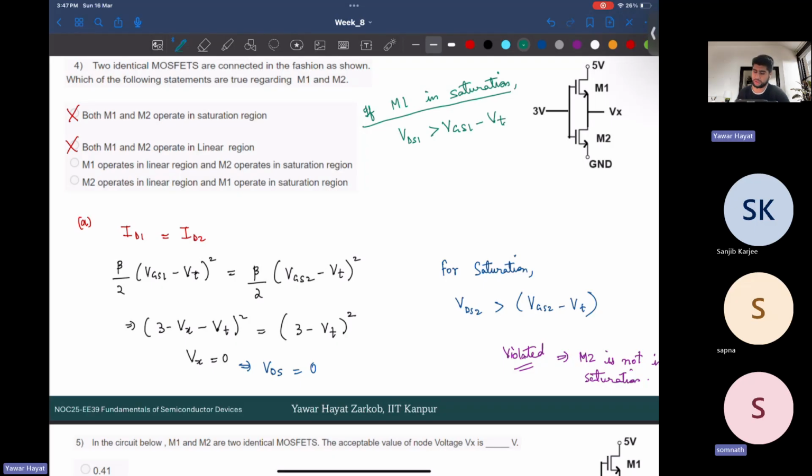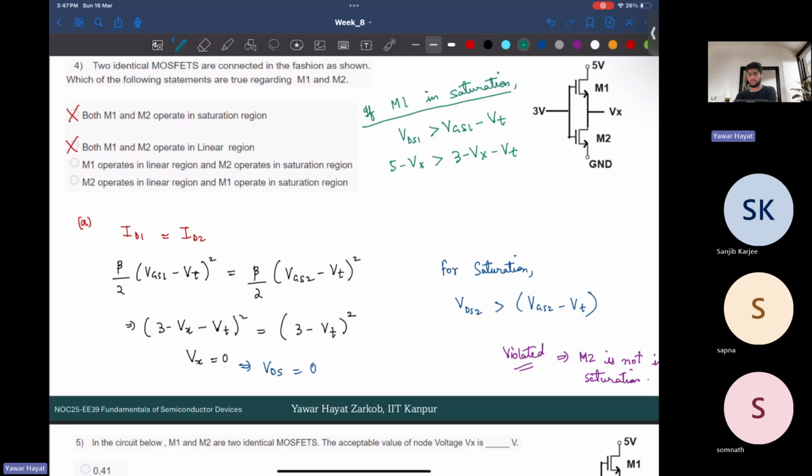What is VDS1? That is 5 minus Vx. That is greater than what is VGS1? Three, sir. 3 minus Vx, and then minus VT.